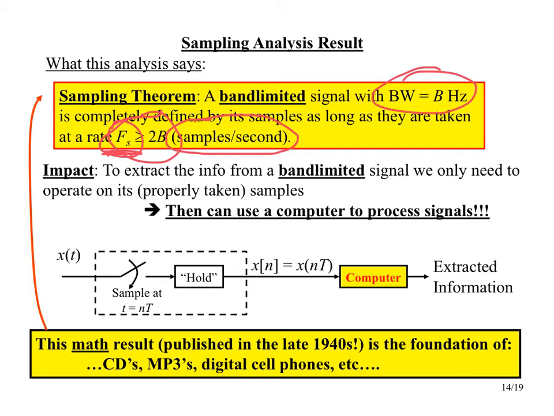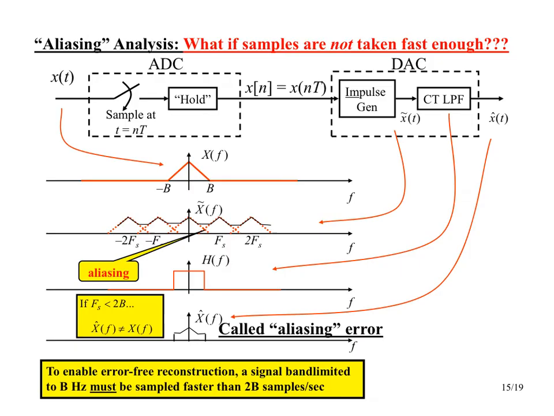So sometimes you'll hear people say, my sampling rate is such and such samples per second, and then other times they'll say such and such hertz. So same kind of thing. But this is a big idea, and it's the basis for almost everything that we find exciting and interesting today as far as cell phones and CDs and MP3s and so on.